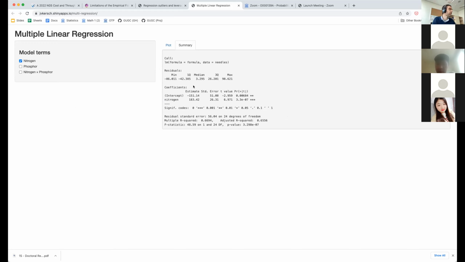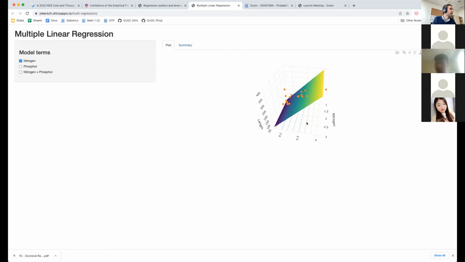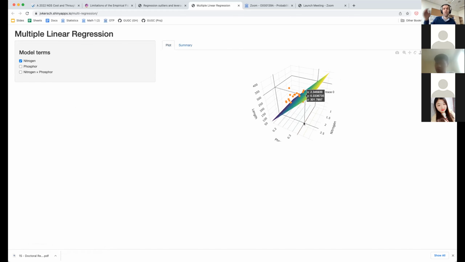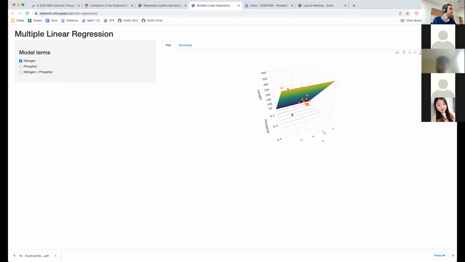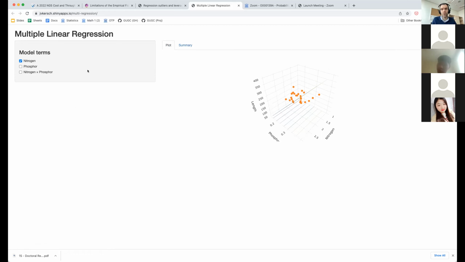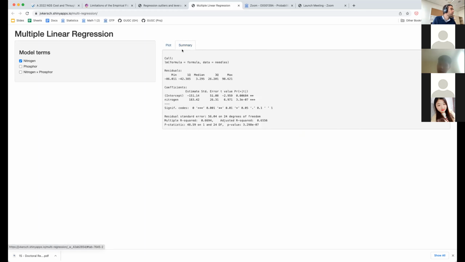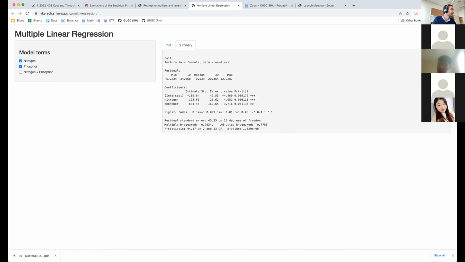Now we have a model that's already slightly better than what we had before when we just had a flat plane where we thought everything is 196 centimeters. And now we can, of course, improve that model further. We can ask what happens if we include the other predictors as well. So let's try adding phosphor to that model.